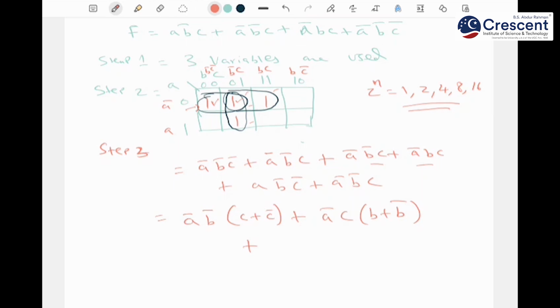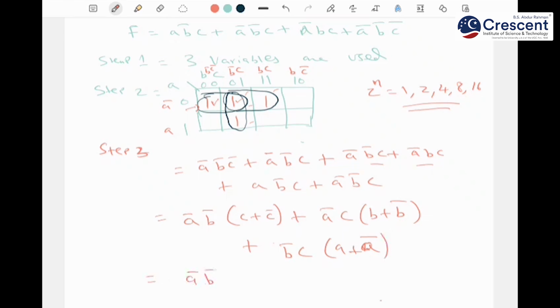Then the third one, taking common terms, b bar c times a plus a bar.